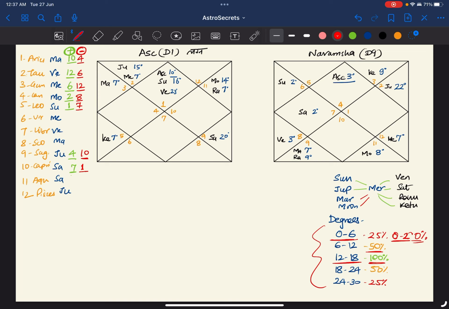Then again, there are other elements also to consider, but this is the first and foremost rule that you can consider. If the degree is between 12 to 18, then the impact is going to be 100%. Next, we have 18 to 24 degrees. The impact is going to be 50%. 24 to 30 degrees, again 25%.